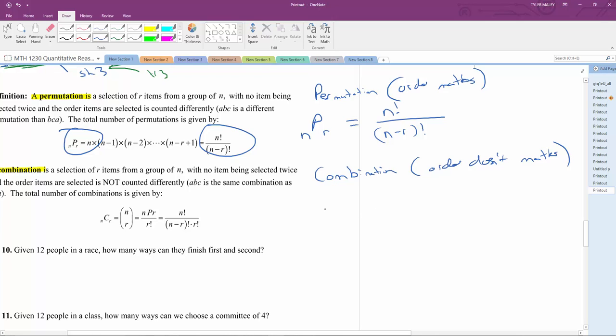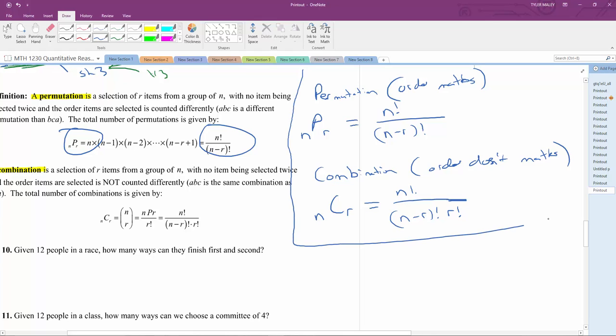And then a combination is NCR, right, denoted equals N factorial divided by N minus R factorial times R factorial, right? So these are the equations, and you should definitely know these equations, right?